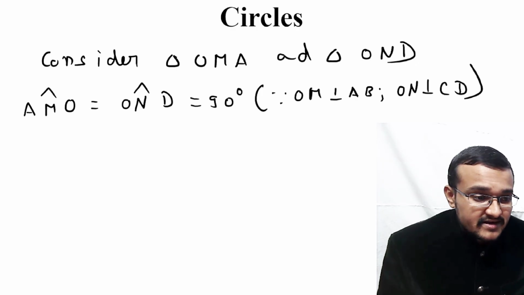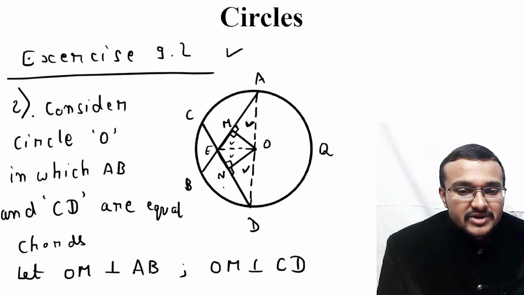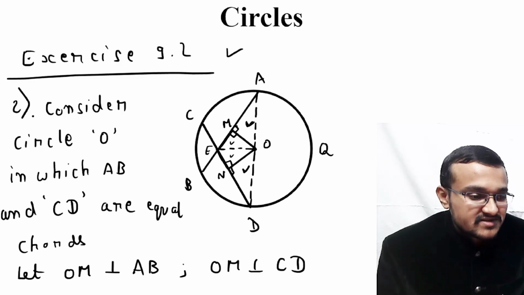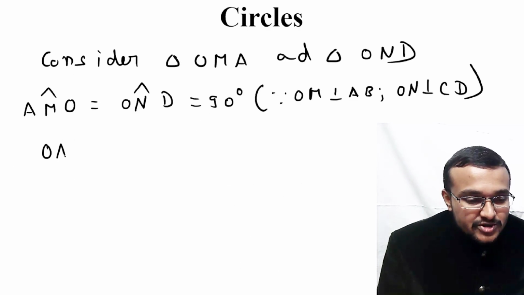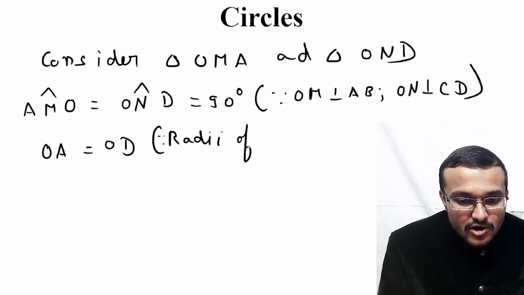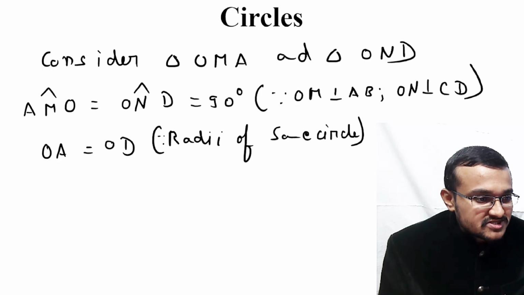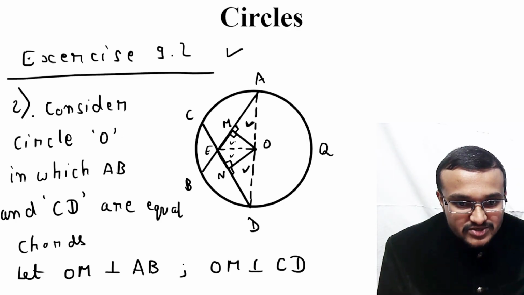Now here we can see OA is equal to OD because they act as radii of the same circle. Now one more side you need to prove equal.